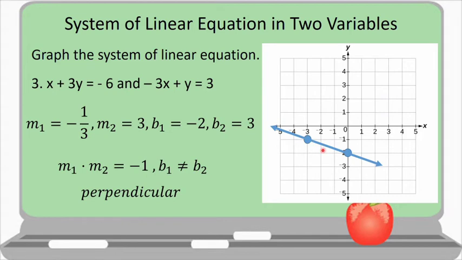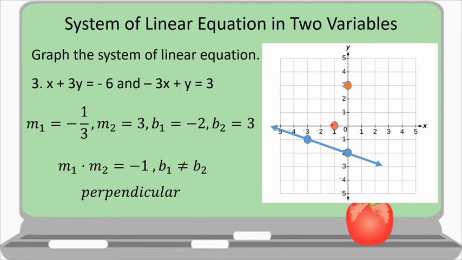Now for the second equation, negative 3x plus y equals 3. So we have here the slope, the y-intercept, which is 3. So it will pass through this point. Okay, and then the second point will be here, negative 1, because our slope is positive 3, so you can use downward, 3 downward, so negative 3, and then 1 to the left, negative 1.